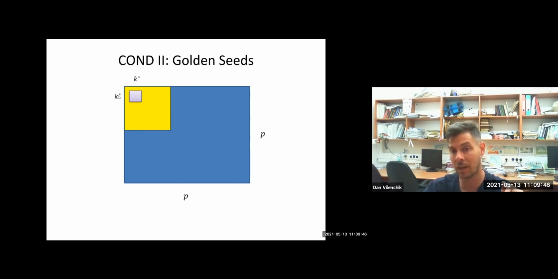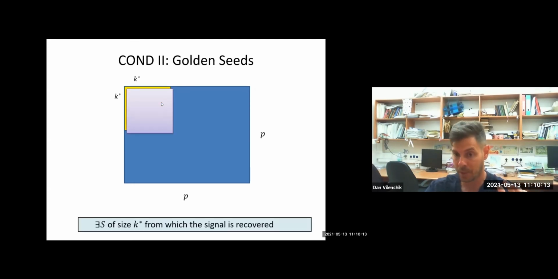Still, it is not clear that some variable outside the set of relevant features won't be added to this purple seed by the greedy step. The fact that the greedy step grows the solution almost entirely inside the yellow part is not necessarily the case, but if the seed is sufficiently large, that would be the case. So those are the two conditions.